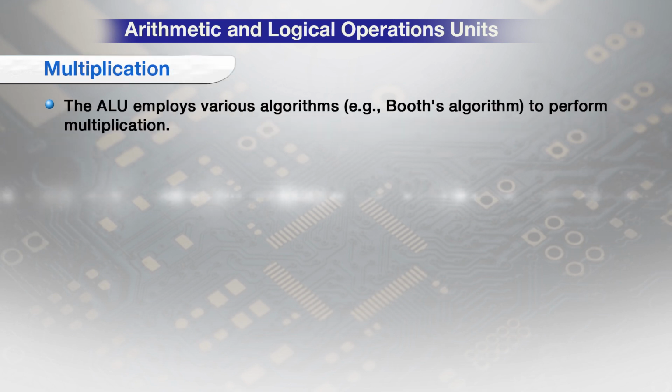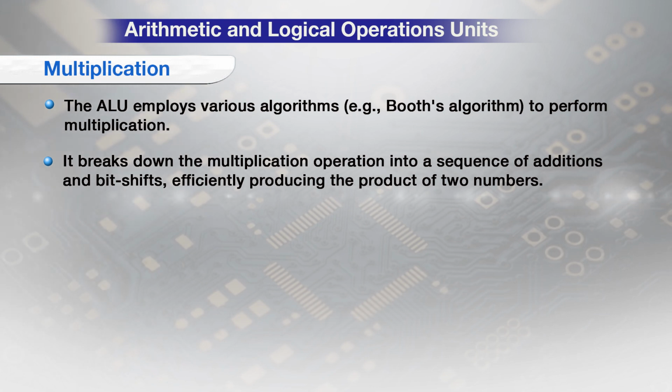The third operation is multiplication. The ALU employs various algorithms like Booth's algorithm to perform multiplication. It breaks down the multiplication operation into a sequence of additions and bit shifts efficiently, producing the product of two numbers.